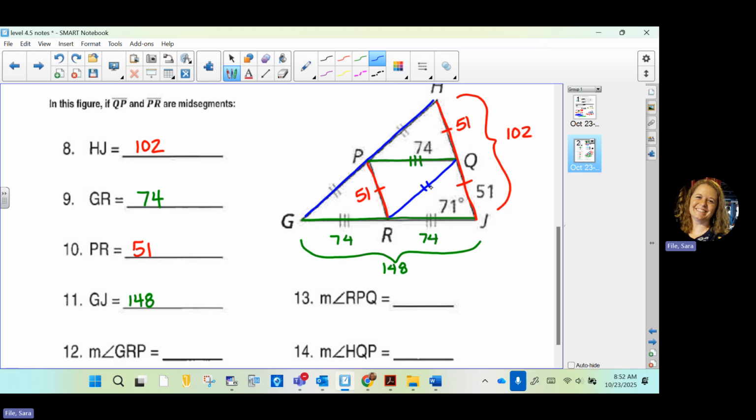The remaining questions are all about the angles. So let's mark what is going to be congruent to this 71-degree angle here. It's where the 1 and 3 tick mark sides meet, right? It's where my red and green meet. So everywhere my red and green meet, I'm going to put an arc.